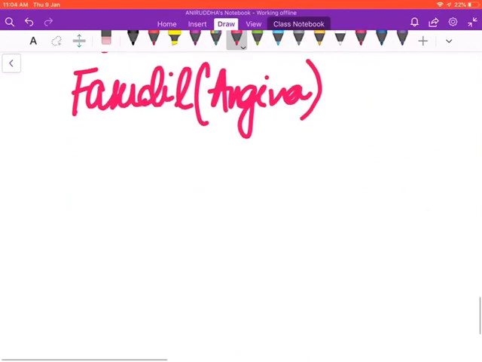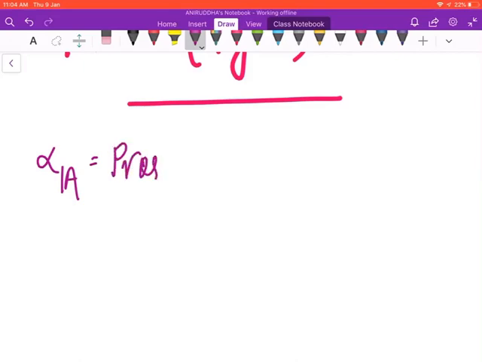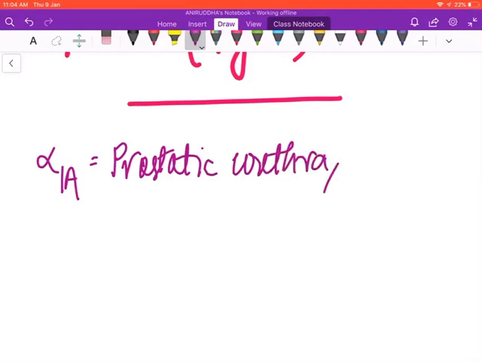So that's with respect to the G protein coupled receptors. I deliberately discussed the physiology because it will be helpful in understanding their functions. Now let's come to the locations. The alpha 1A is found in the prostatic urethra. It is found on the bladder sphincter.